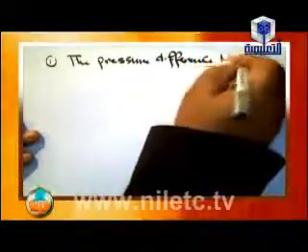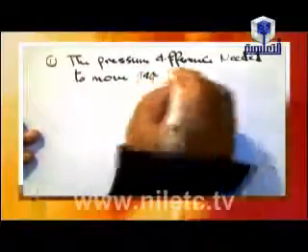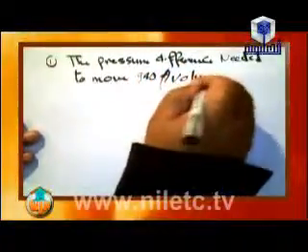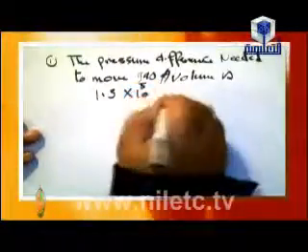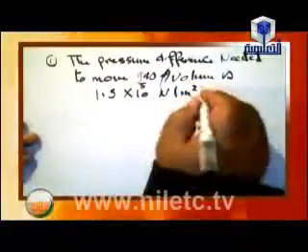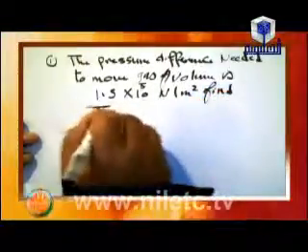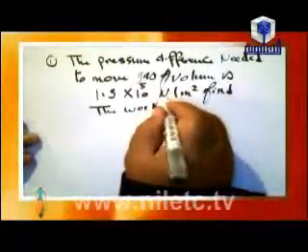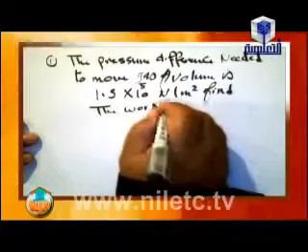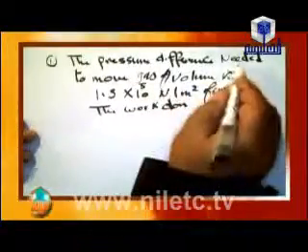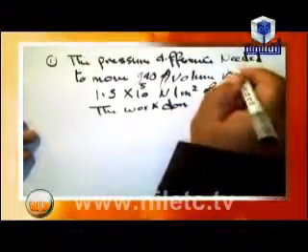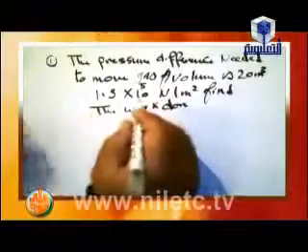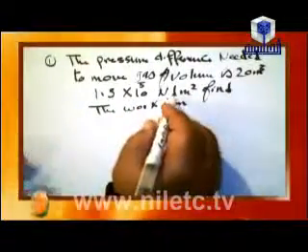The pressure difference needed to move a gas of volume 20 meter cube is 1.5 times 10 power 5 Newton per meter square. Find the work done. I will tell you the problem again.